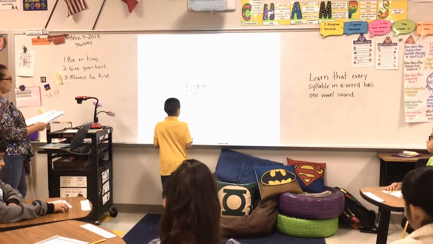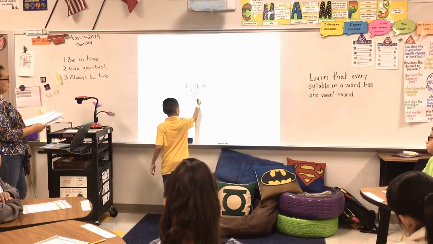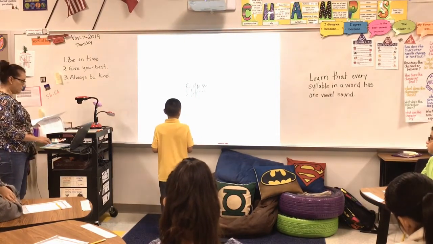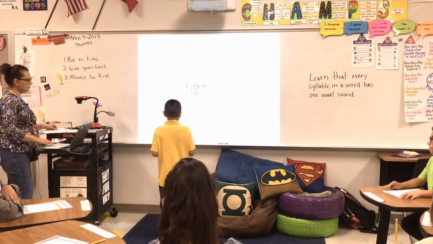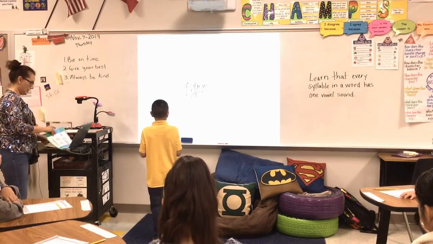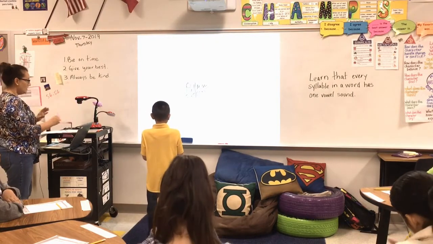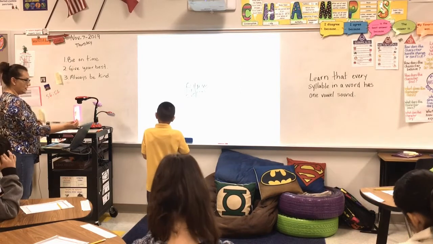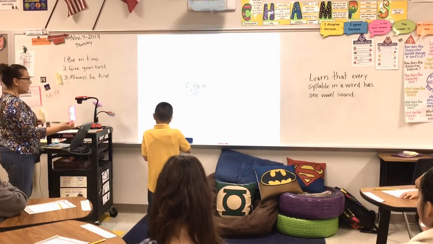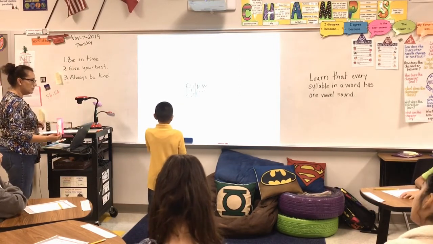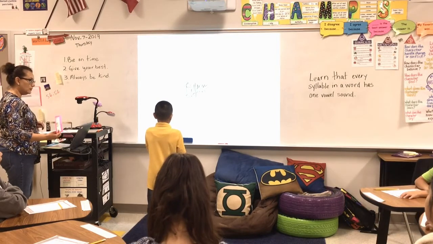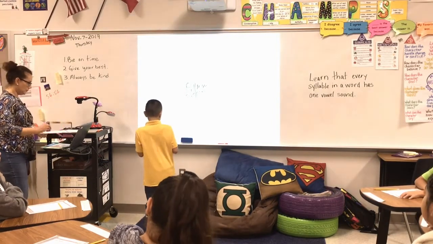Good job. And where would we divide it into syllables? What's the sound of that first vowel? I. And how about that second one? I. So how would I pronounce that word? Pilgrim. Good job.